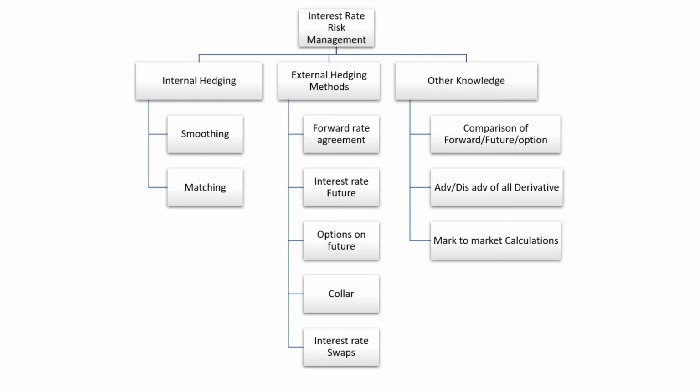External hedging methods are forward rate agreement, interest rate future, options, collar, and interest rate swaps. Other knowledge needed is comparison between forward and future, advantages and disadvantages of derivatives, and mark-to-market calculation. For mark-to-market calculation, there is a past paper question named Daikon Company. Do revise that question to get the maximum marks.